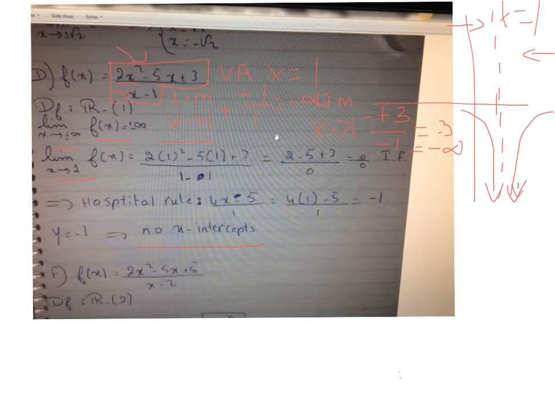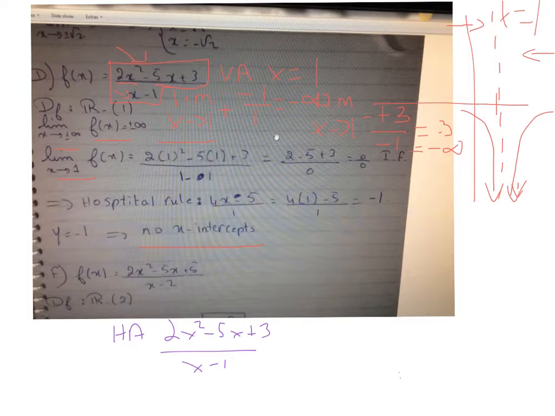So the other part that's missing from your work is to try to find the horizontal or the slant asymptote. So I'm going to write that down at the bottom here where there's a little bit more room. The horizontal asymptote, we find this by looking at the degree of the terms in your equation.